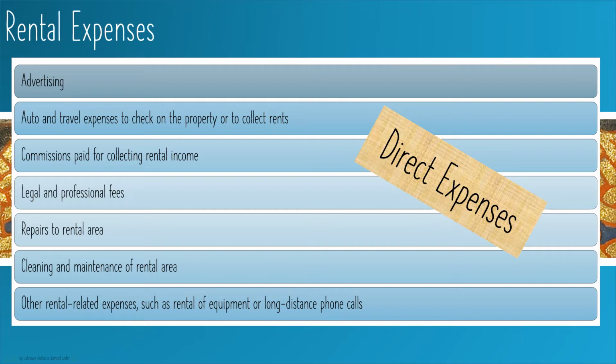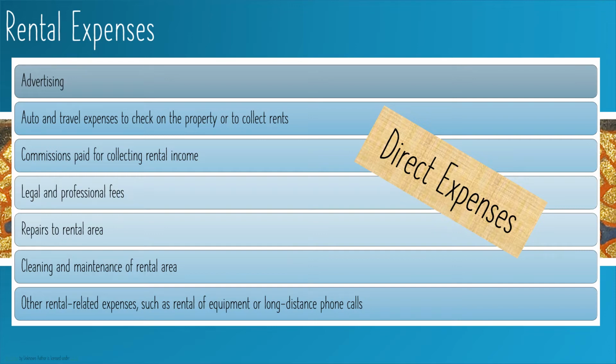So generally speaking, these are expenses that you might expect to be direct expenses, but anytime you have a client, you have to use your interview skills and determine whether they are accurately direct expenses, especially for a couple of these. So advertising is generally going to be a direct expense. Auto and travel expenses to check on the property or collect rents.